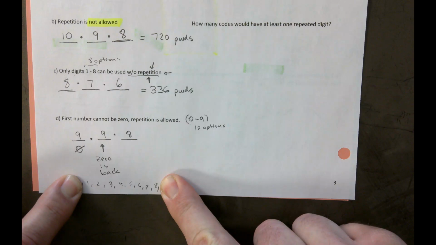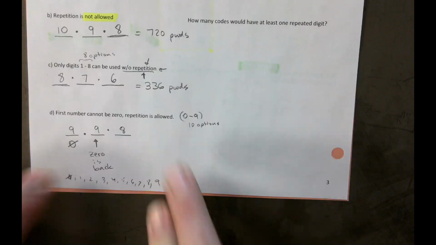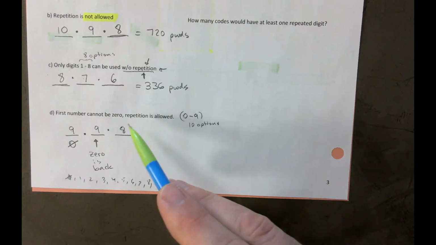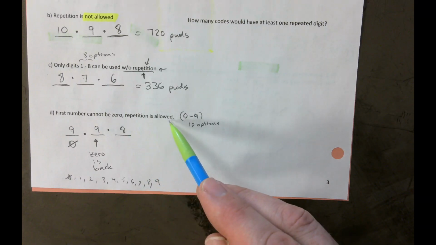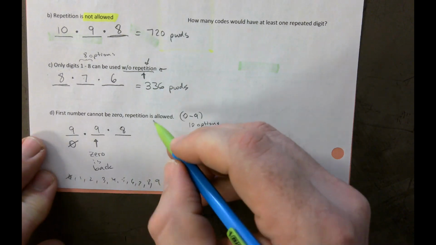Sorry, guys. That's what I missed. Sorry about that. I don't know what I should change. Should I change repetition not allowed? Because this is going to mess everything up.